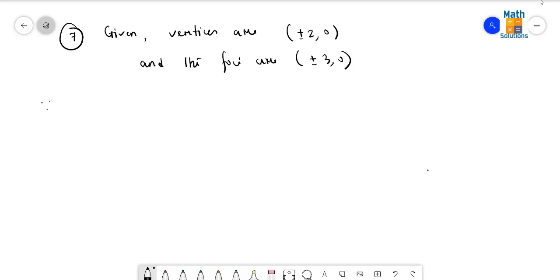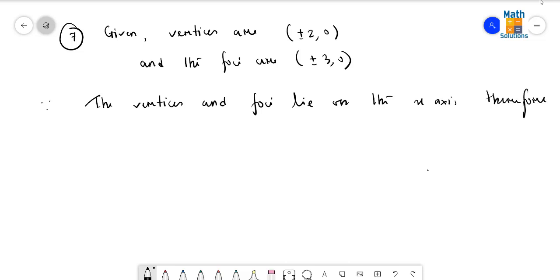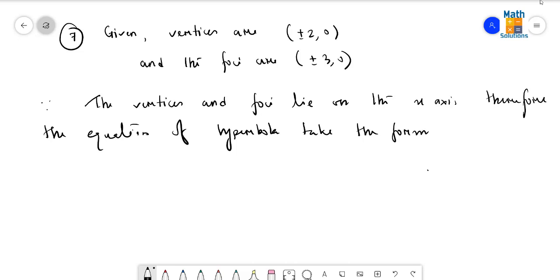Since the vertices and foci lie on the x-axis, therefore the equation of hyperbola will be taking what form? Takes the form, of course, the first form, that is x square by a square minus y square by b square is equal to 1. Let's mark this as equation 1.